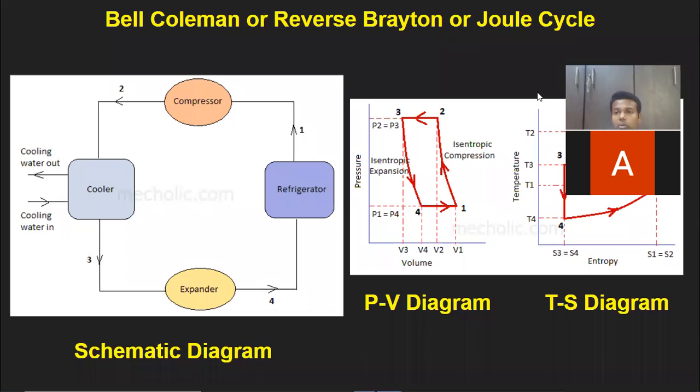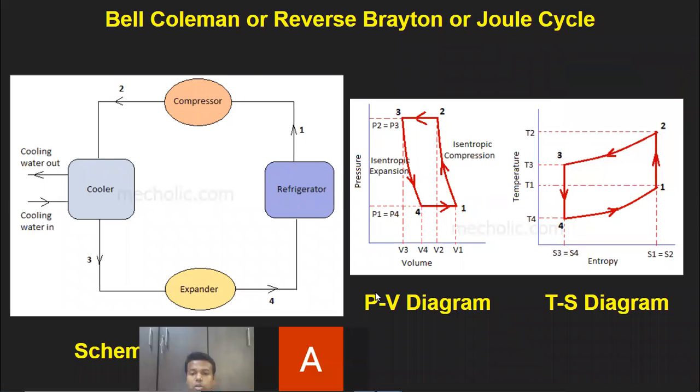Now when you see the TS diagram for this, during 1 to 2, what happens is entropy remains constant. You can see S1 = S2 because 1 to 2 is isentropic. Isentropic is nothing but adiabatic.